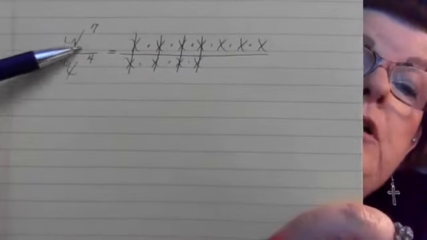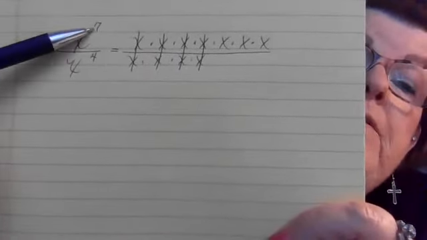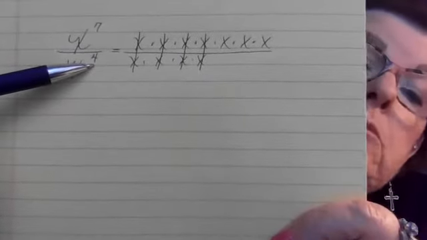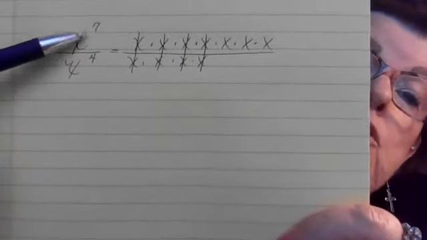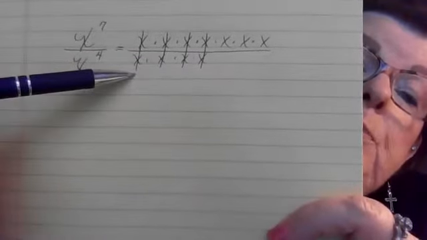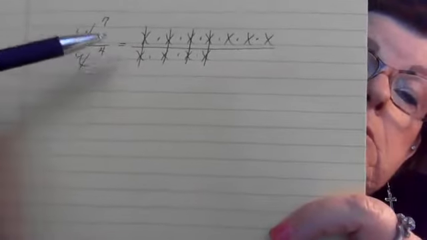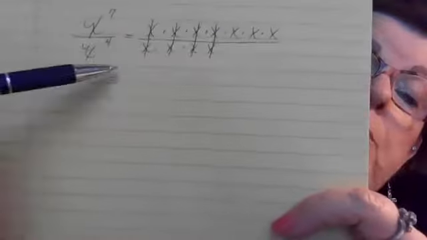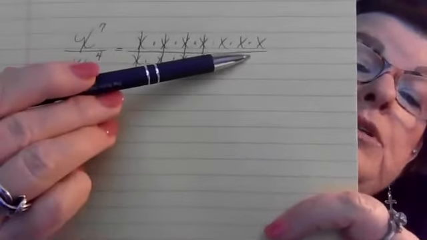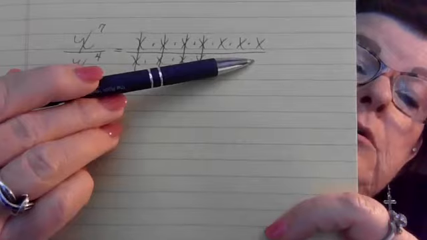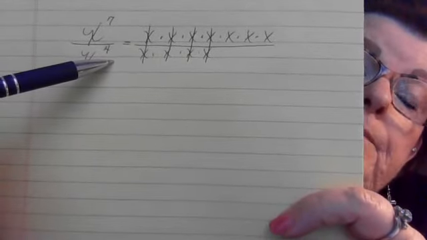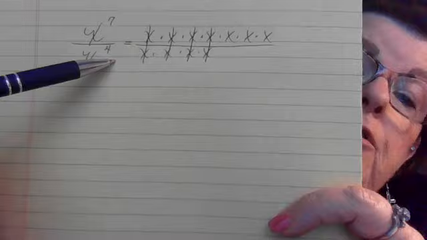They gave you the shortcut, especially when you're going to use 17 minus 22, okay? So you don't want to write 17 x's and do this every time, but this is what's happening. You had 7 x's on top and 4 on the bottom. Let's cancel what we can, and you're left with X to the 3rd. They give you the shortcut. 7 minus 4 is 3. X to the 3rd.